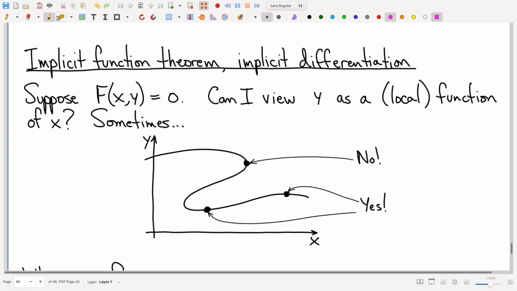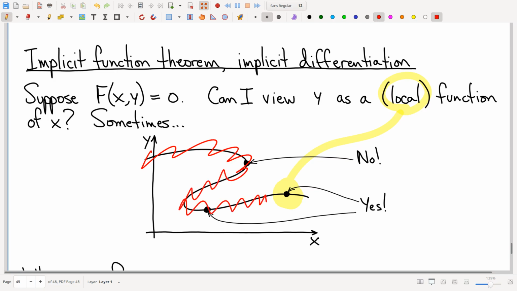Now, there is an even more subtle question. That's a refinement here. This is business about local. And local says, look, I'm only interested in a neighborhood of the point in question. So if I'm looking at this point and I want to ask, can I view y as being a function of x? Locally means I get to ignore everything outside of my little neighborhood.